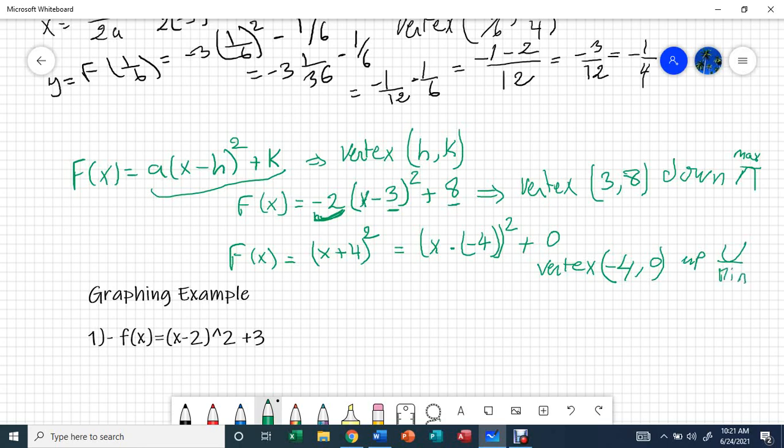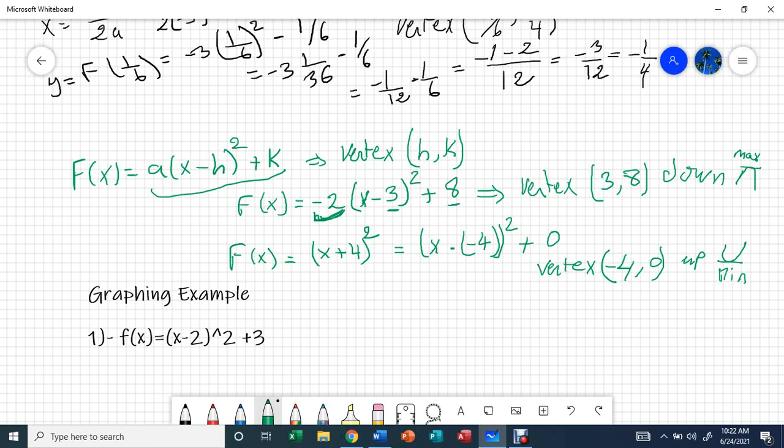So if you are given the function in this nice form, it's much easier to find the vertex just using the standard form, the vertex (h, k). But make sure to pay attention to a negative h. So in your formula it must be negative h.